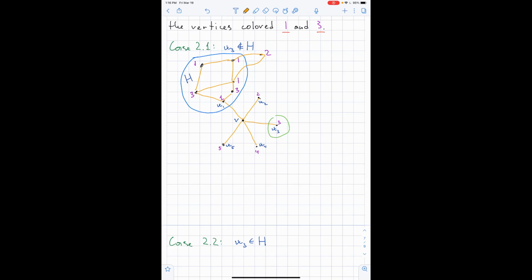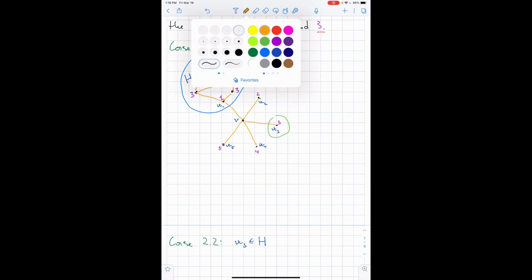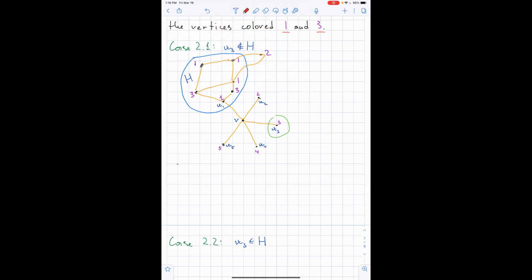All right. Now what we can do is switch the colors 1 and 3 in the subgraph H. All other vertices not in H that are attached to the vertices of H are not colored in 1 and 3.